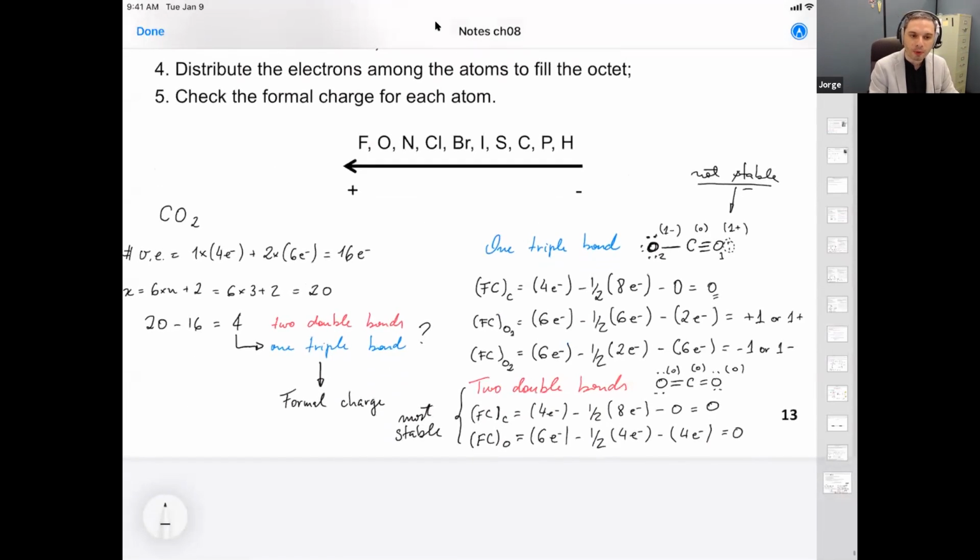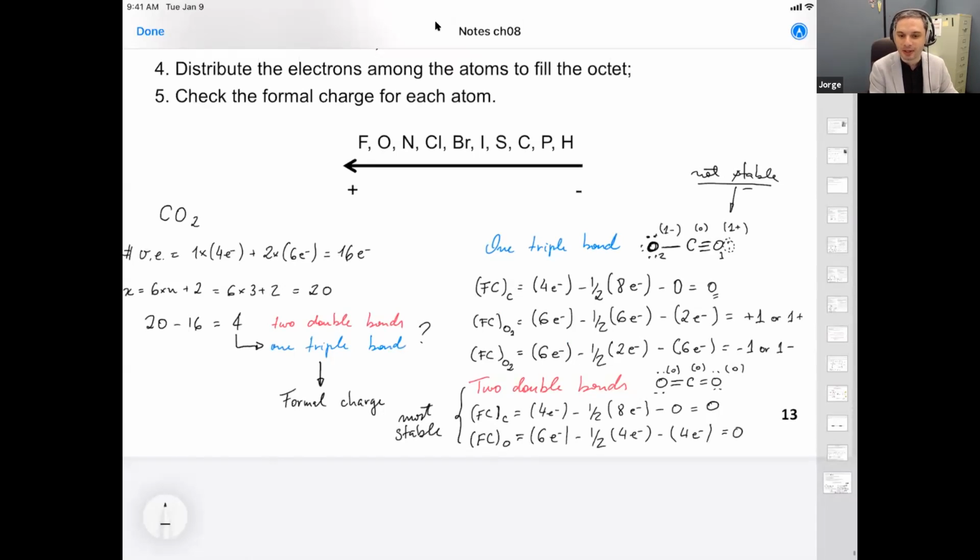Okay, so when we are comparing the formal charges of compounds with different possibilities for the structure, we have always a comparison within the possibilities. In this case, for CO2 in specific, the structure that has 2 double bonds is the most stable compared with the structure with 1 triple bond and 1 single bond.